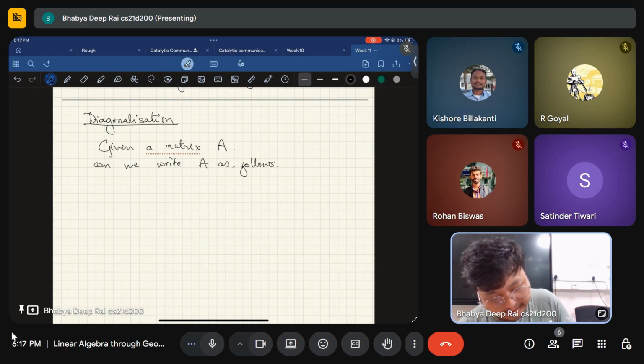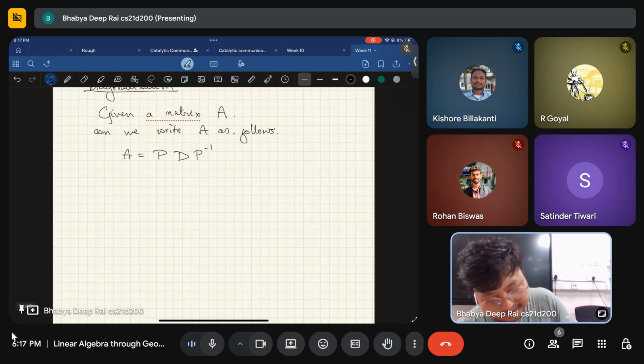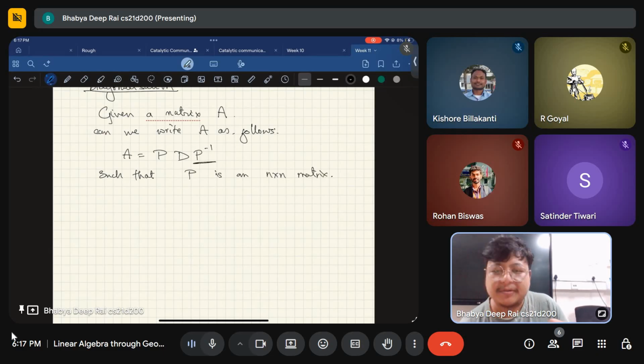Here the form is that A equals P D P inverse, such that P is an n cross n matrix, and clearly it should be invertible, because I need a P inverse also. Invertible n cross n matrix. And D is a diagonal matrix.